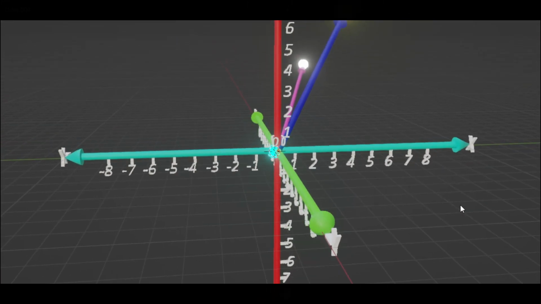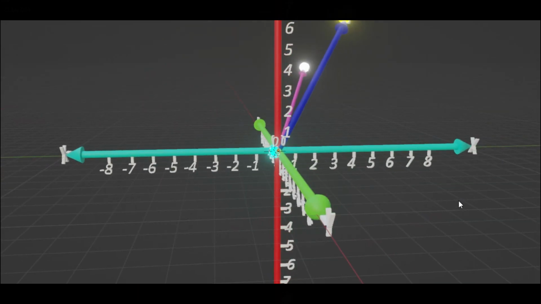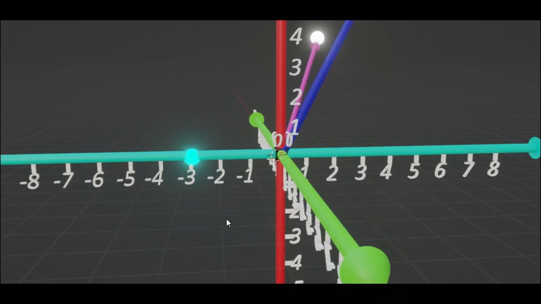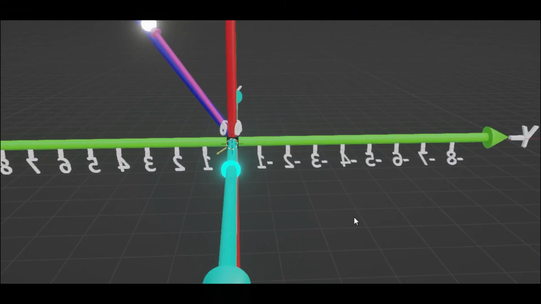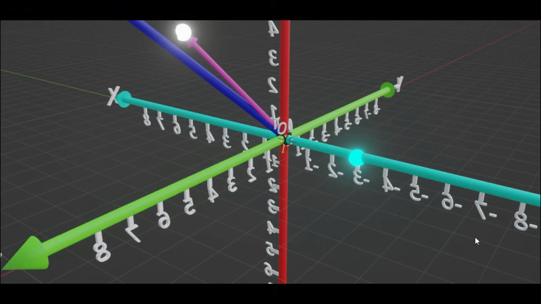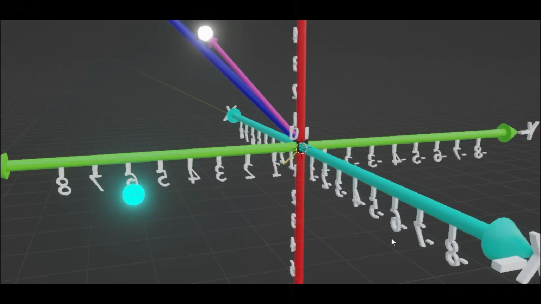That means our point should first go towards the minus x axis by 3 places. So this is our point on the x axis, which is minus 3. After that, it should move on the y axis, that is plus 6. So this point should go towards positive 6 on the y axis. So it will look like this.